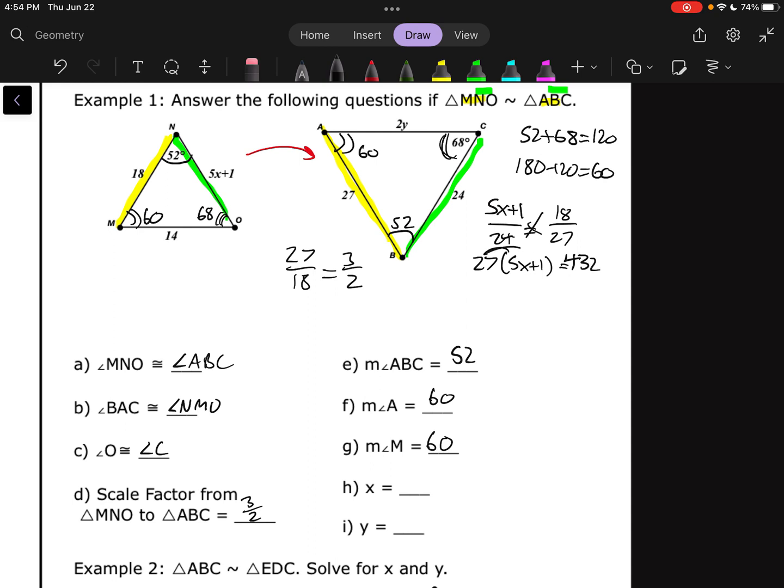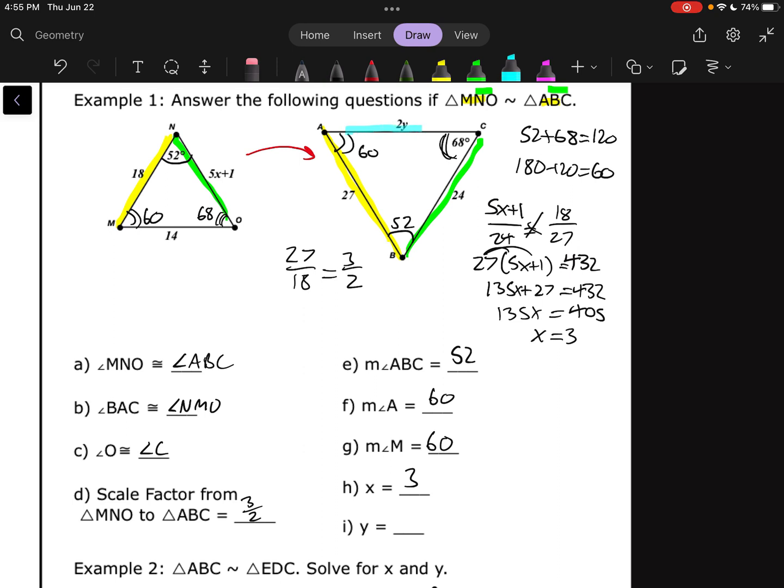If I distribute here, 27 times 5 is 135, plus 27 is equal to 432. So 135x should be equal to 432 minus 27, which is 405. And then we divide by the 135. And we get 3 for x.